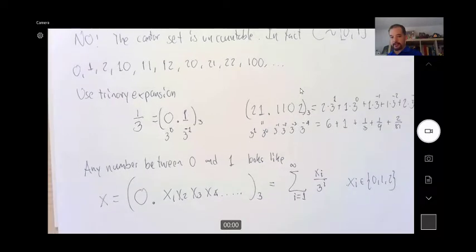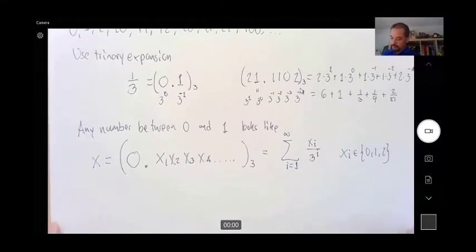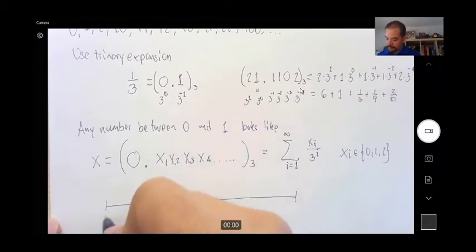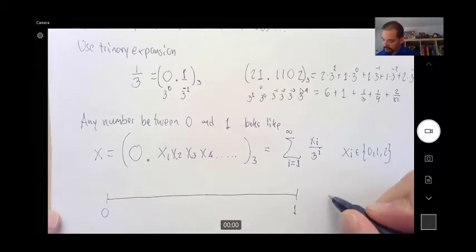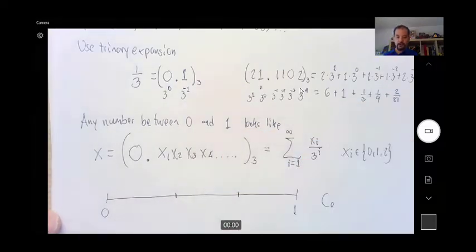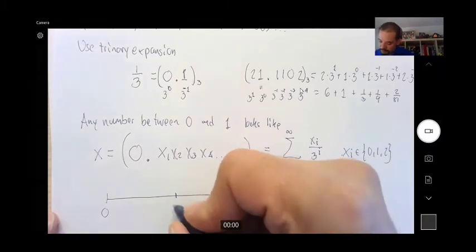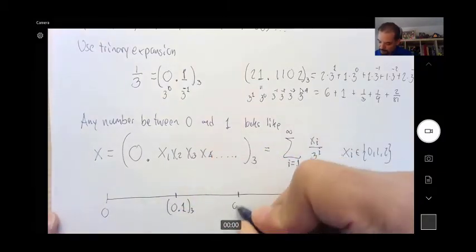And the reason that trinary expansion is good for the Cantor set is because it explains very well what the numbers that are left are. Think about it: what are the numbers that we were removing? We started with the big set from 0 to 1. This was C0. And we removed from here to here. Well, we removed everything from 0.1 to 0.2.